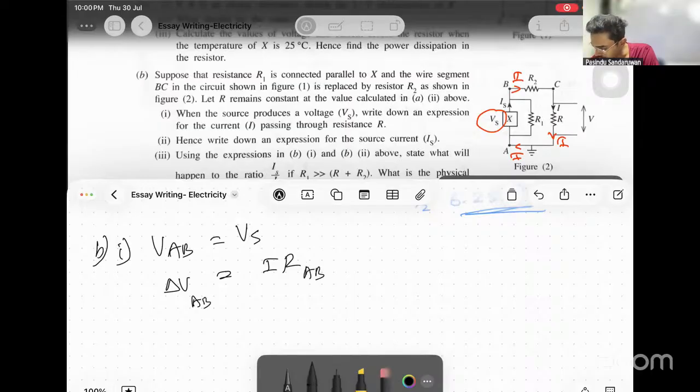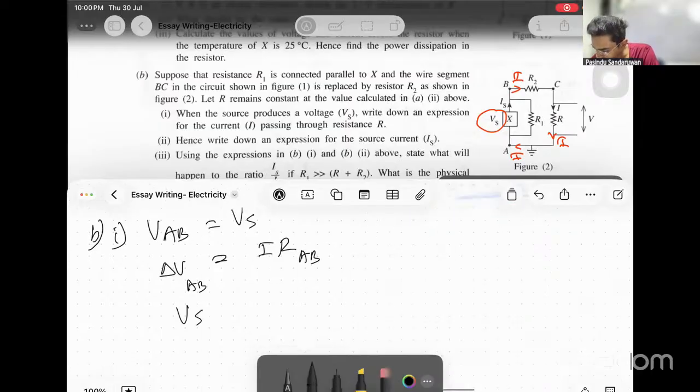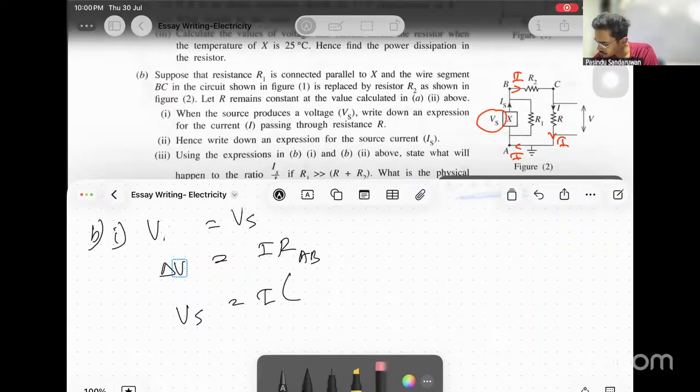Delta VAB is Vs, and I need I. The total potential is actually BA, since the current flows in the opposite direction.